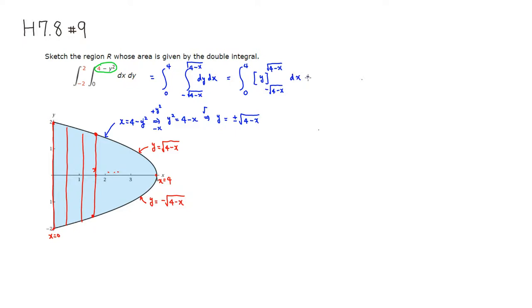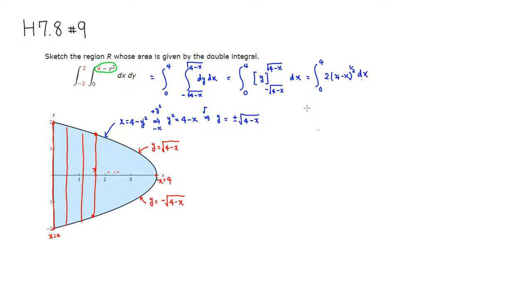So this is the integral from 0 to 4. If you plug in the square root of 4 minus x minus negative square root of 4 minus x, there are two of them, so I'm going to just write 2. And I don't like square roots, so I'm going to write it as 4 minus x to the 1/2 power, with respect to x.